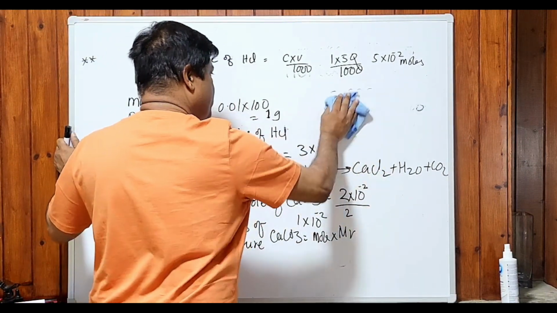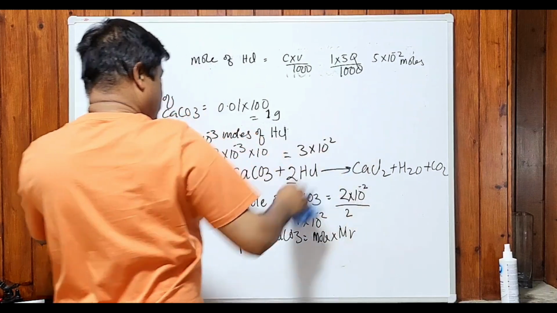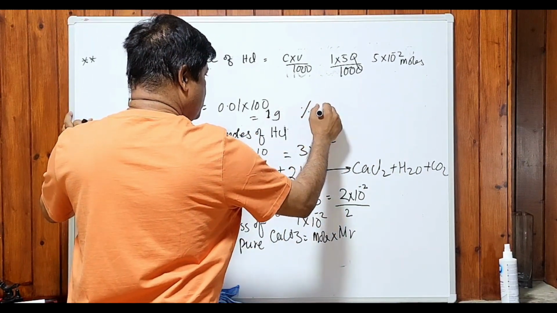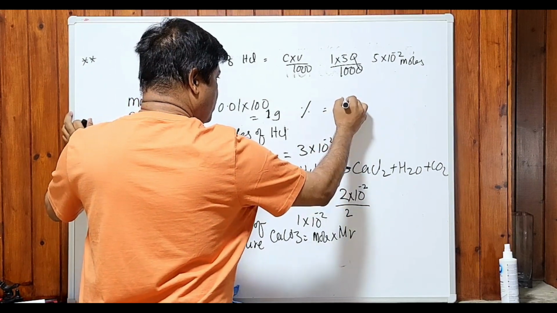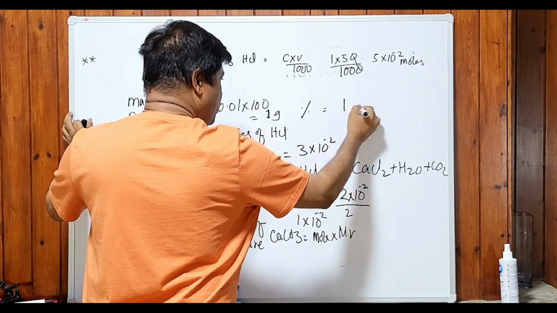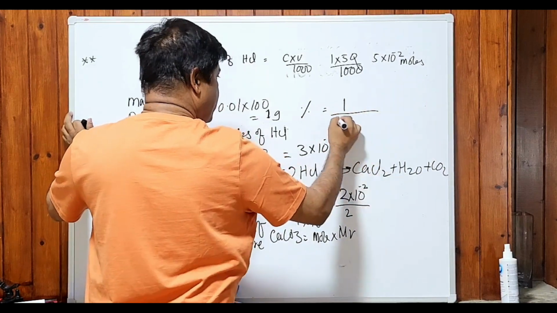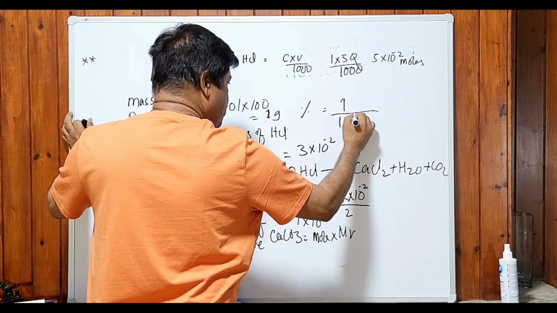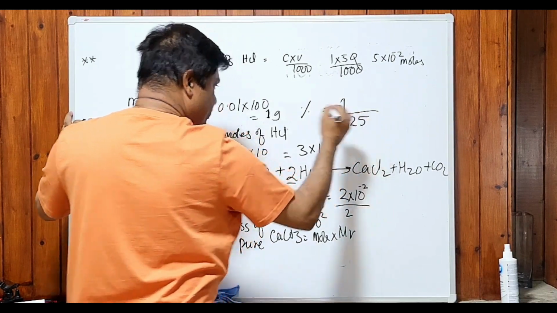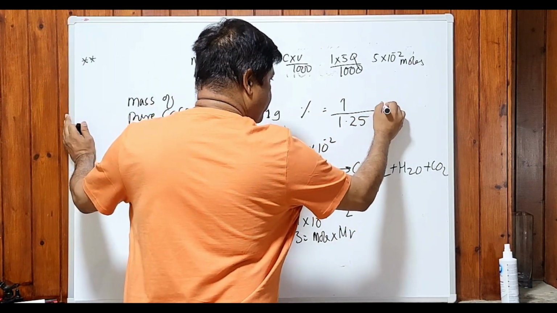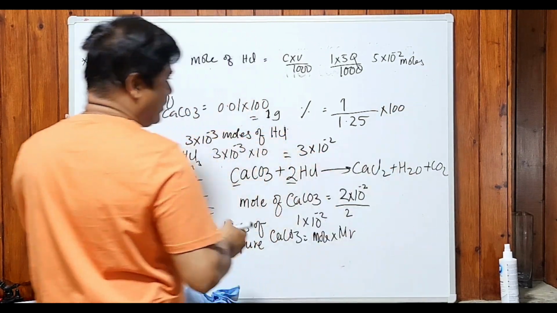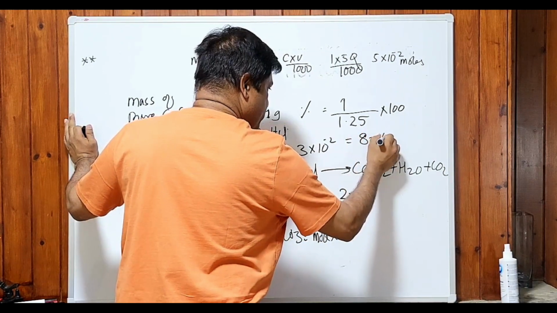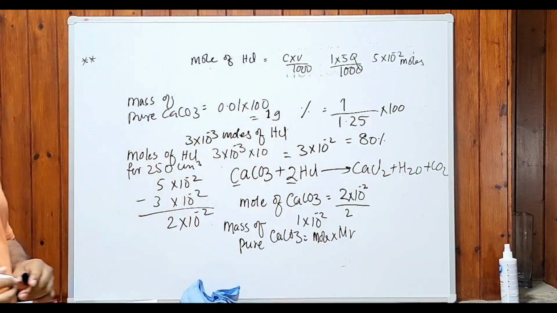Now percentage purity equals mass of the pure calcium carbonate, which is 1 gram, over the mass of the impure calcium carbonate, which is limestone, that is given in the question, times by 100. Work out that. It's equal to 80%. That's your answer.